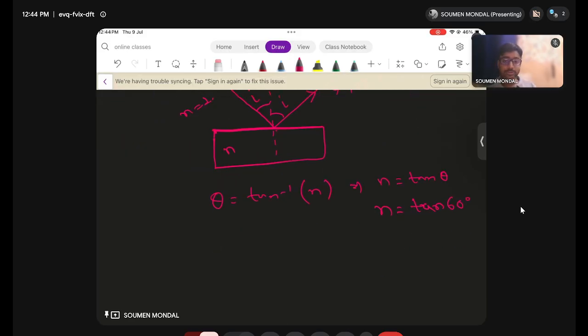Then I have to check the value of this refractive index. It's easy, we are getting n as root 3. So let me check the answer there.